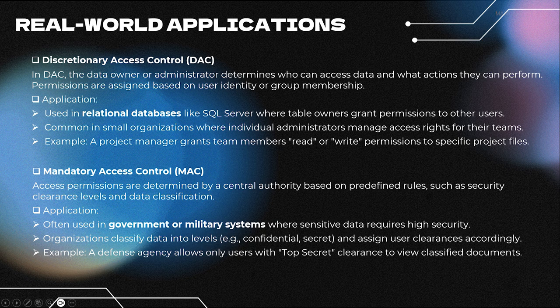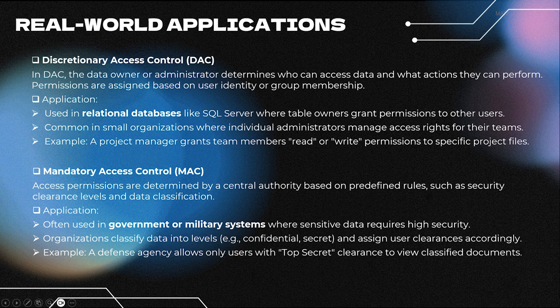Application: used in relational databases like SQL Server, where table owners grant permissions to other users. Common in small organizations where individual administrators manage access rights for their teams. Example: a project manager grants team members read or write permissions to specific project files.